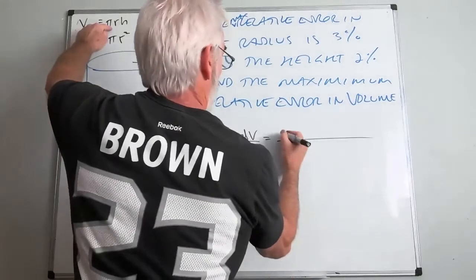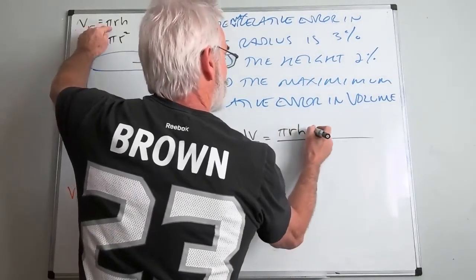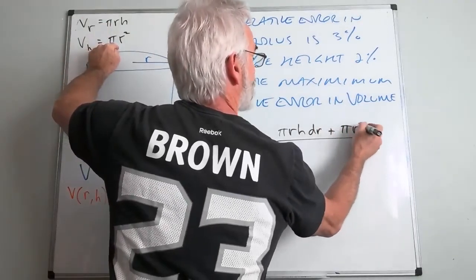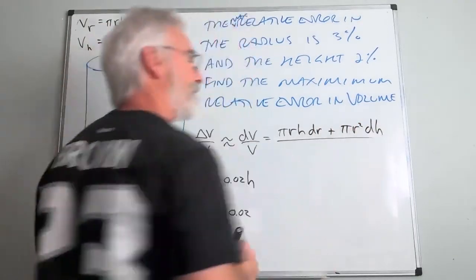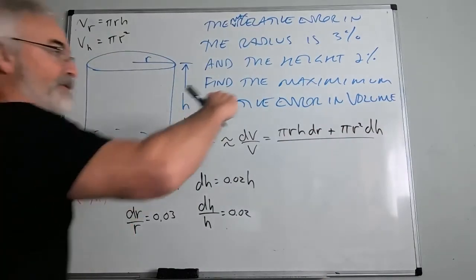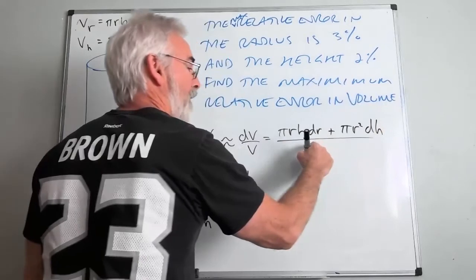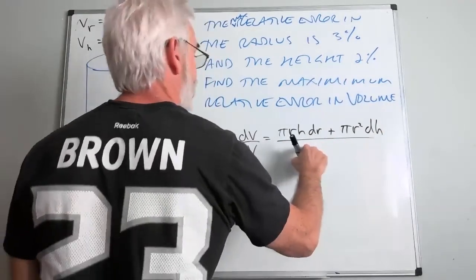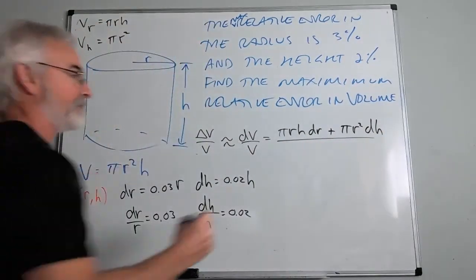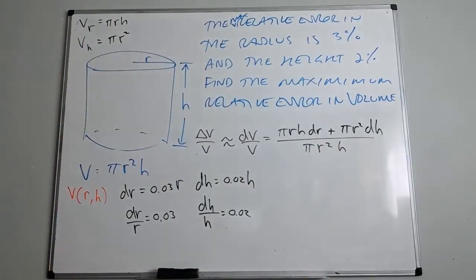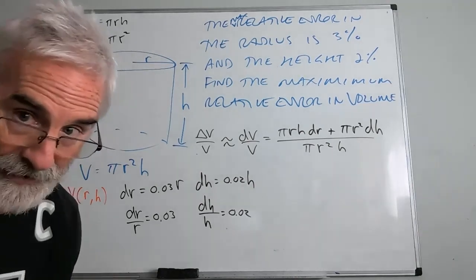So it's pi r h dr plus pi r squared dh, right? Partial of V with respect to r times dr, partial of V with respect to h times dh. And what goes here is the actual volume. Now, there's no calculating to do yet.